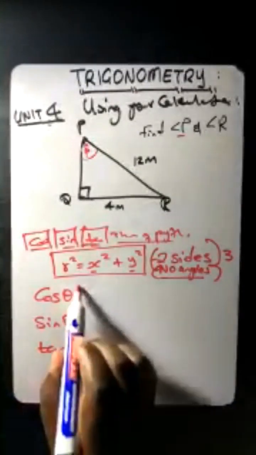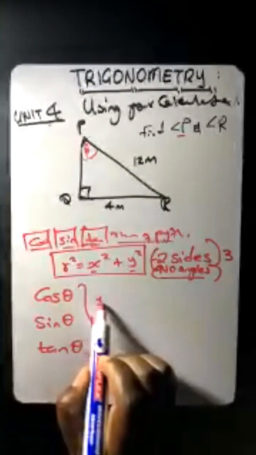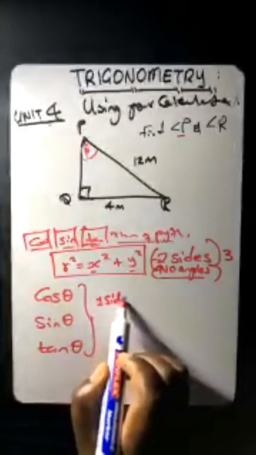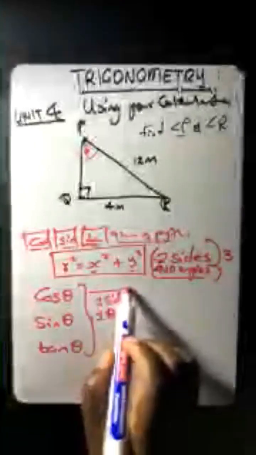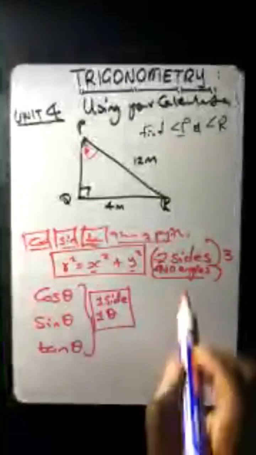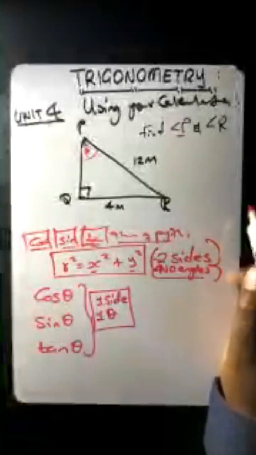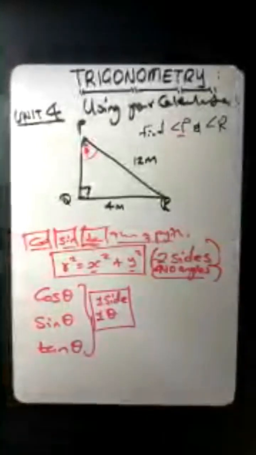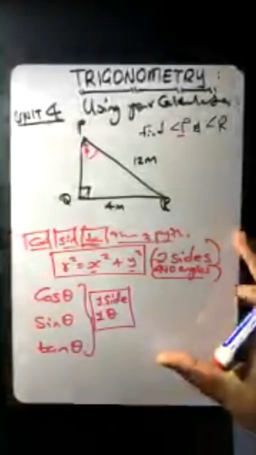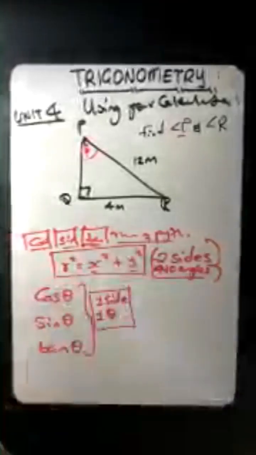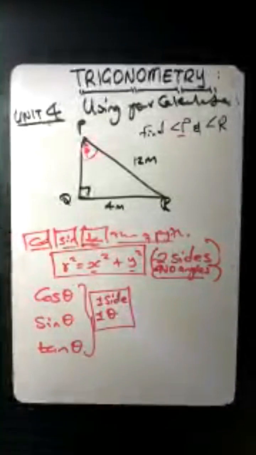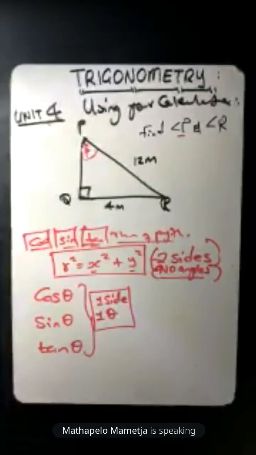So you only use these if you have 1 side and 1 angle. Then that's when you can use the trig ratios. But 2 sides, no angles, theorem of Pythagoras. Did this help, Matapelo? Do you understand why we won't use the theorem of Pythagoras? Yes, thanks.